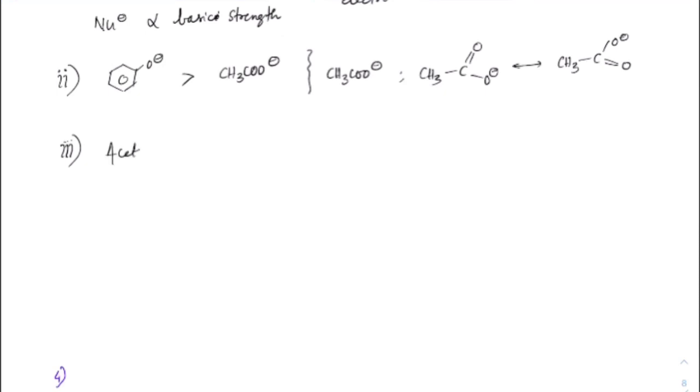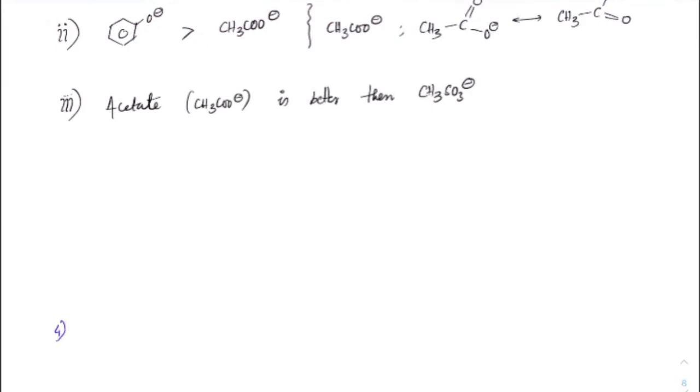And if you consider acetate, which is CH3COO minus, this is definitely better than CH3SO3 minus. Sulfonate would have more equivalent resonating structures. So stability wise, definitely CH3SO3 minus is more stable compared to CH3COO minus, and hence nucleophilicity would be more for acetate.